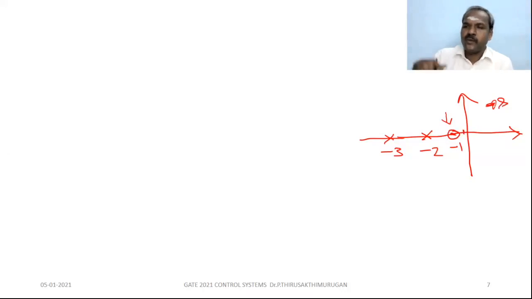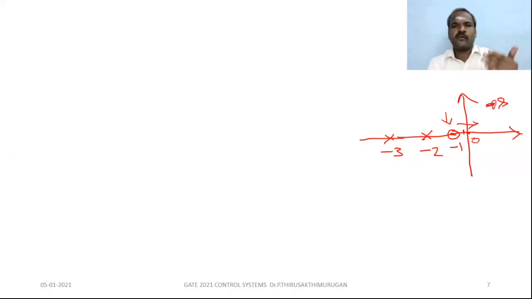How many poles and zeros are there on the right side of the zero? There are no poles and zeros.